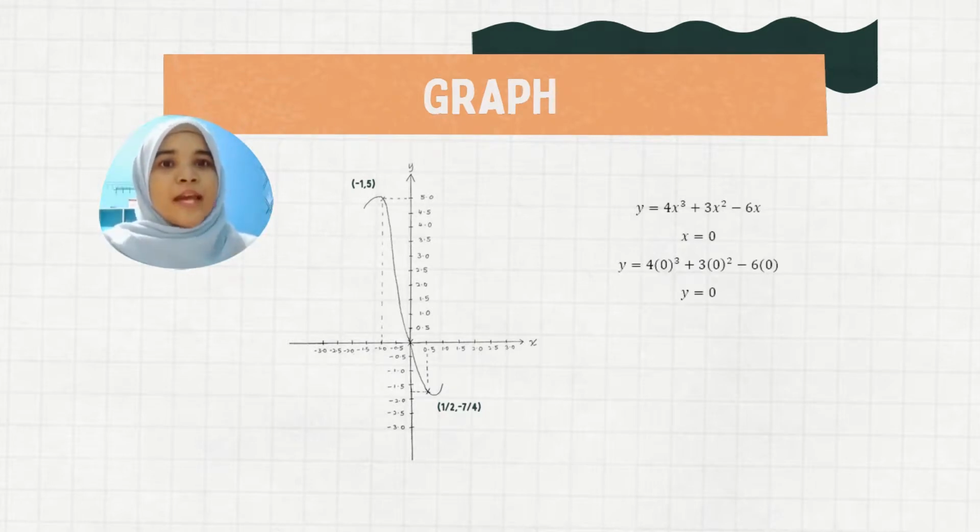The values we get will be placed in the graph according to the axes. We get two values: negative 1 at axis x and 5 at axis y. This point is the max point. The 1/2 at axis x and negative 7/4 at axis y is the min point.